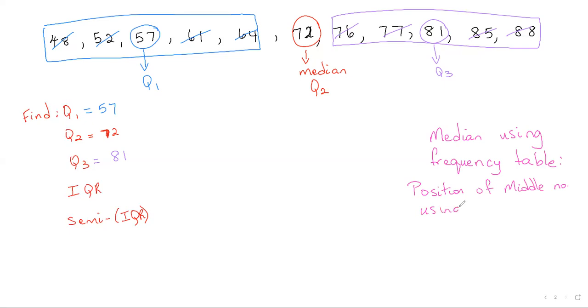Using the formula, a half of all of your numbers. So if we have to find a median, we're going to find half of all of the numbers that we have, which is a half of the frequency.